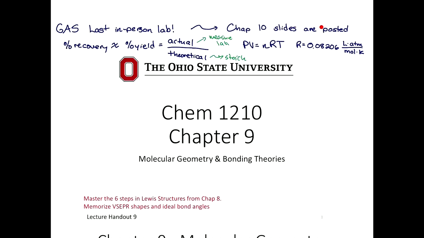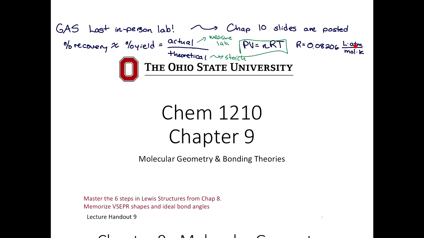I've already posted Chapter 10 slides, so if you want to look at those slides to help you in that lab, go ahead and do that. But basically, you're only going to be using one equation, PV equals nRT, where R is the gas law constant, and it has the units liter atm per mole Kelvin. Based upon the unit, you can tell what the units of all of these variables need to be.